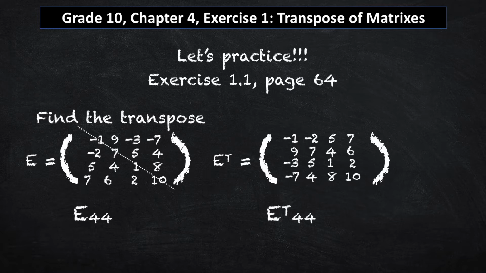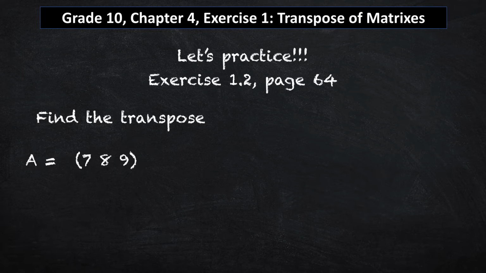So by now we have only seen the transpose of square matrices, where the number of columns is equal to the number of rows. And now we can do some examples where we don't have square matrices, and this is exercise 1.2 at page 64.